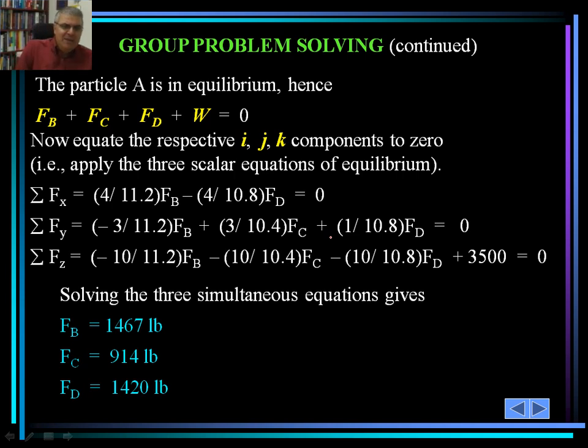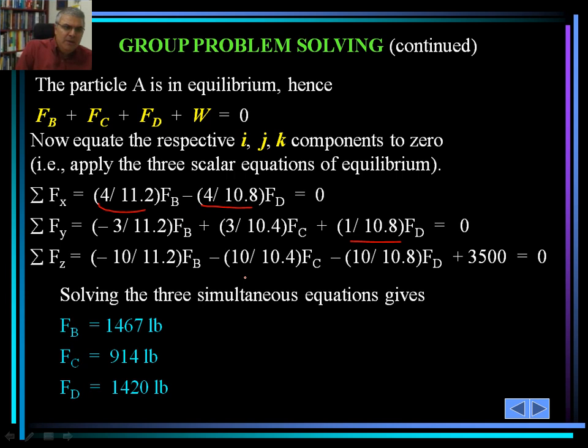The other method that can be done is first, let's find, for example, 4 divided by 11.2, 4 divided by 10.8. Let's simplify the equation. Then from here, for example, we can express F sub B in terms of F sub D, right? Then we are going to bring it down here and also express F sub D here in terms of F sub B. So here in this equation, everything would be expressed in terms of F sub B and F sub C if I do that.